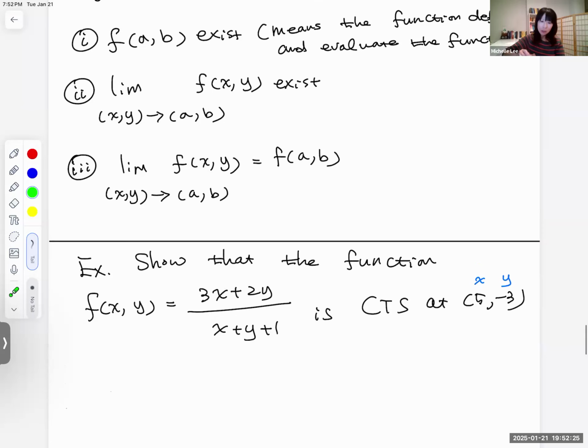All right, then we have to show three things. Let's evaluate f of (a, b), which is (5, -3). Number 1.